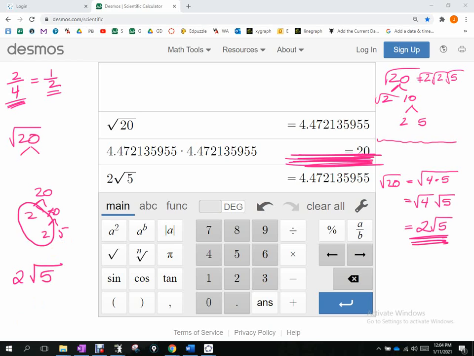So 5 is not grouped in a pair, so it goes back underneath. And if you have multiple groups, then all of them go out in front, and they get multiplied together. If you have multiple things that are not grouped, then they get multiplied together, and they go underneath. So let's do an example of something like that real quick.